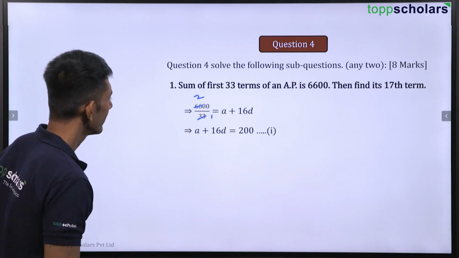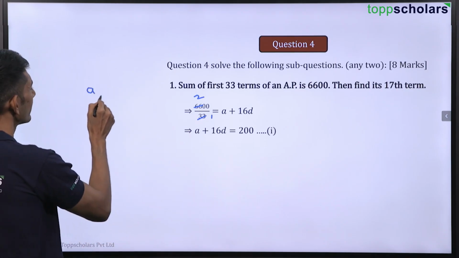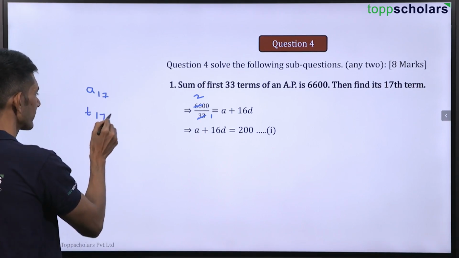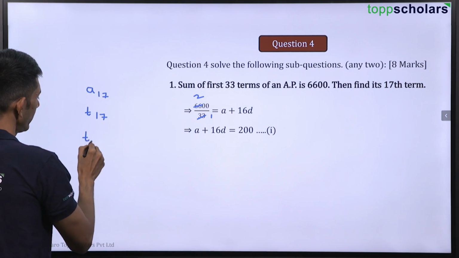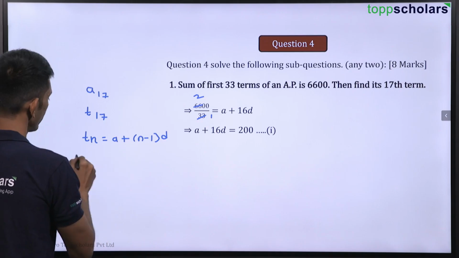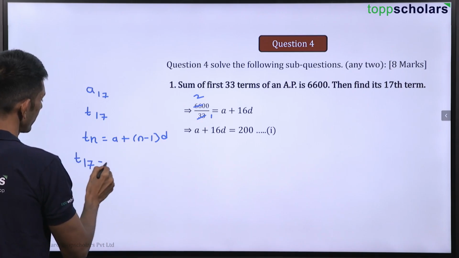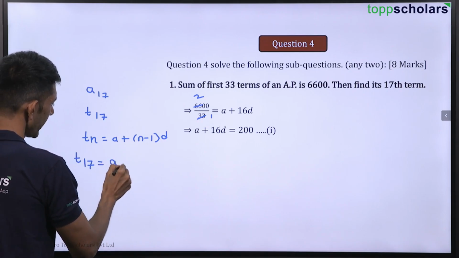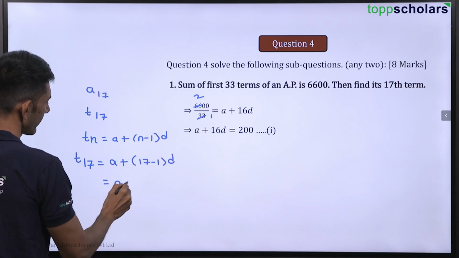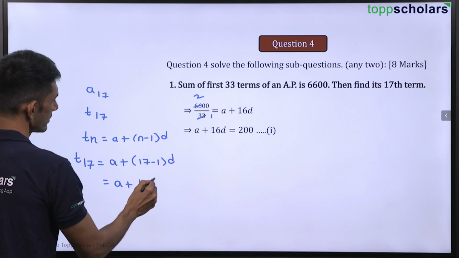Now understand. What is A17? A17 or T17 for instance. Tn is a plus n minus 1 into d. So T17 will be a plus 17 minus 1 into d, that is a plus 16d.